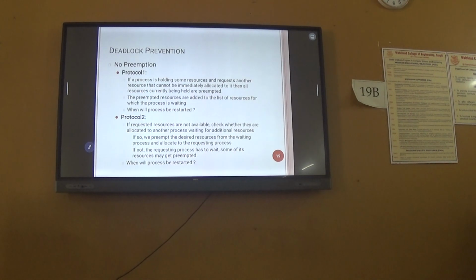Once the middle process completes its execution, both will complete. This is how we can implement the preemption policy. Banning the no preemption is implementing the preemption: preempting the resources from the middle one. Why? Because of this one, these 2 are waiting. Are you getting? One situation.